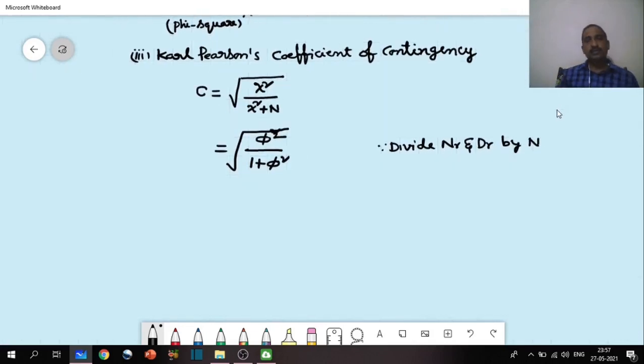This also does not approach unity; the Karl Pearson's coefficient of contingency value is less than unity. That's why Tschuprow proposed another coefficient of contingency, called Tschuprow's coefficient of contingency.